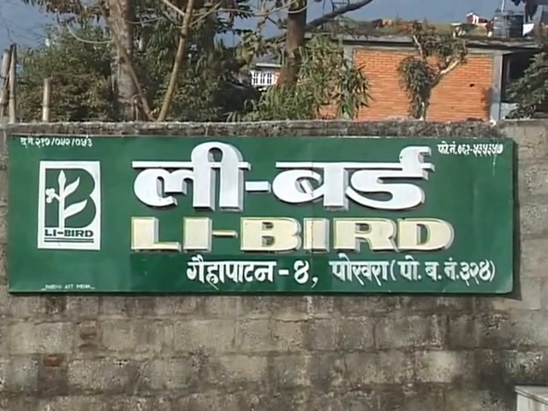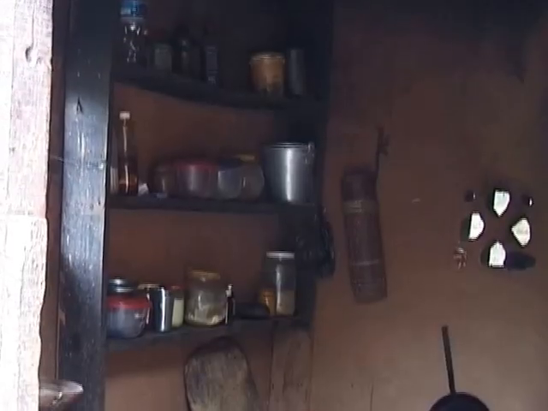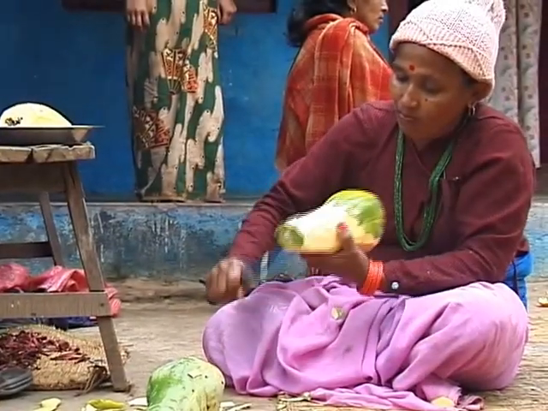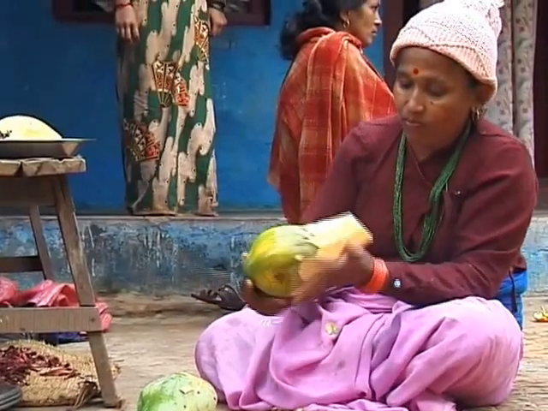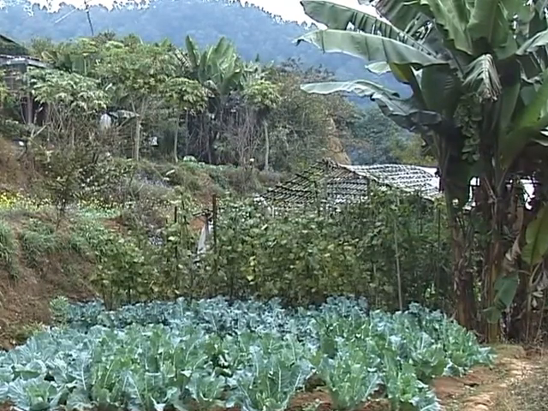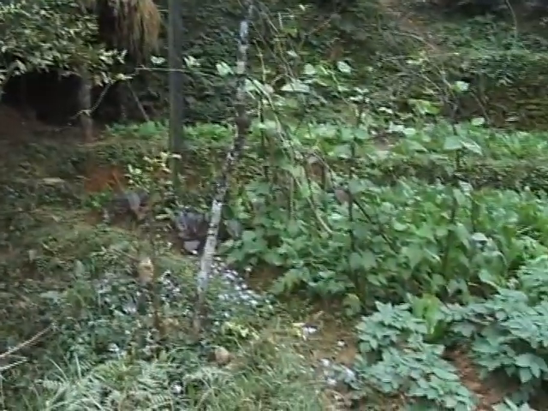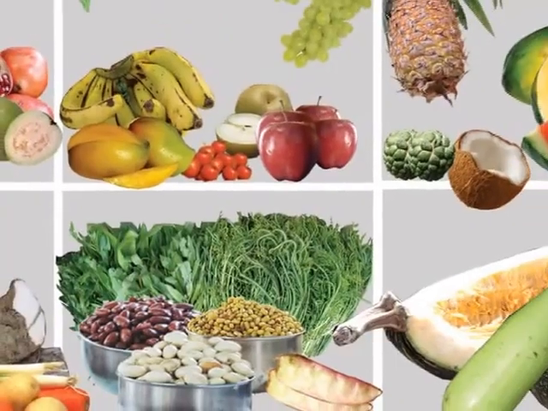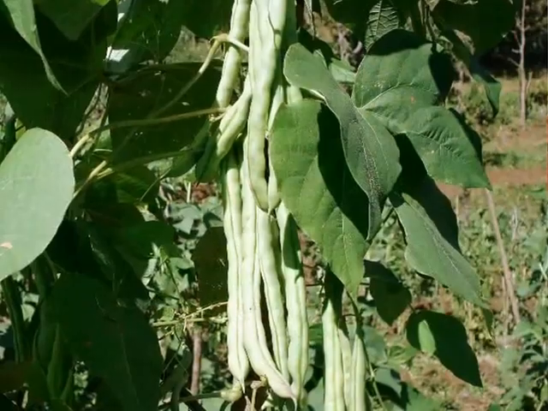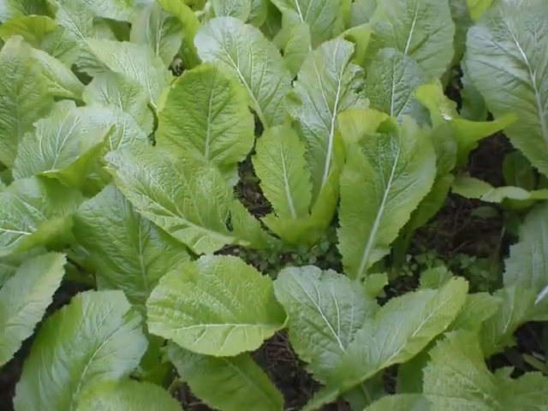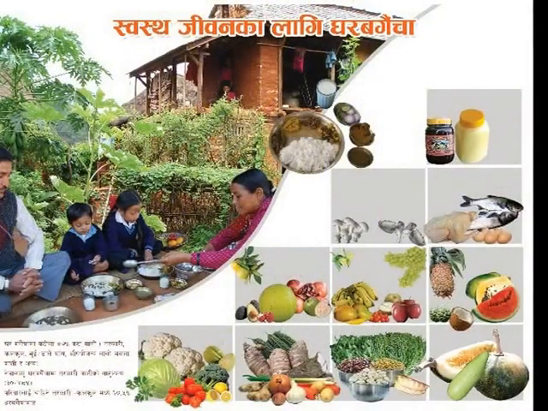According to a survey conducted by Lee Bird, 44% of a common Nepali farmer's family food requirement is covered by fruits and vegetables. Almost 60% of the fruit and vegetable is supplied from home garden. So the home garden may possibly be considered as an easy source of protein, vitamin, carbohydrate and minerals important for human beings.